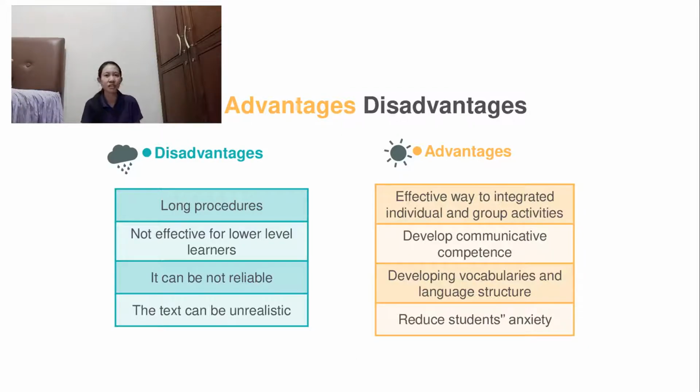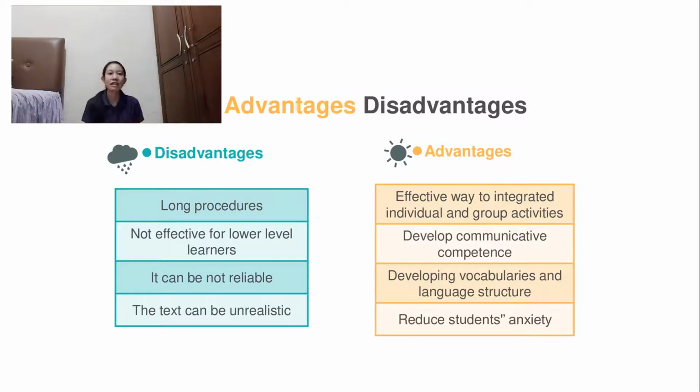While the disadvantages of this technique are, first, it has a long procedure because it consists of four steps with several activities, and they have to deal with several steps when they hear, reconstruct and combine all of the skills in one technique.